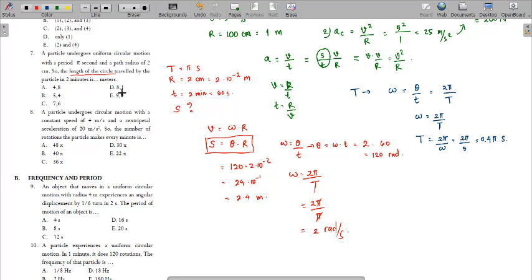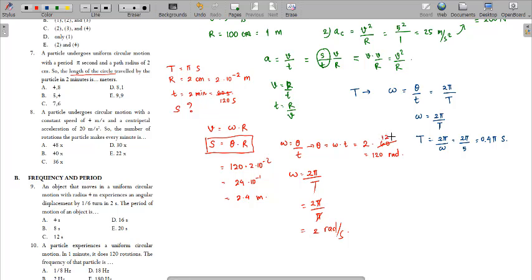2.4. Wow, there is no answer to that. Am I doing something wrong in here? Oh, this one, I'm sorry. 2 minutes equals 120 seconds.